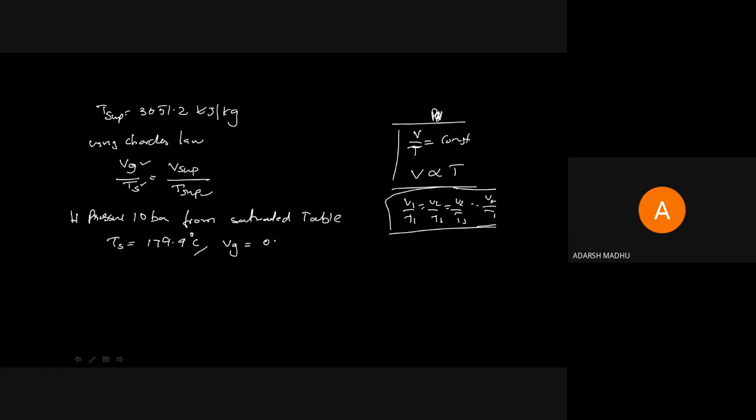Very good. The unit is meter cube per kilogram. So we have the values for Ts and Vg here, and we can find the value of V superheat. V superheat equals Vg by Ts into T superheat.